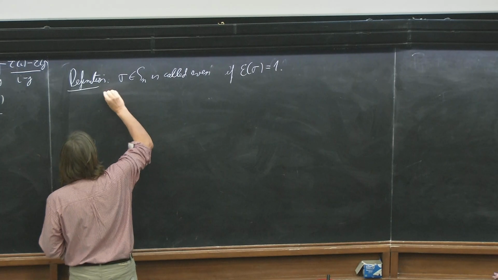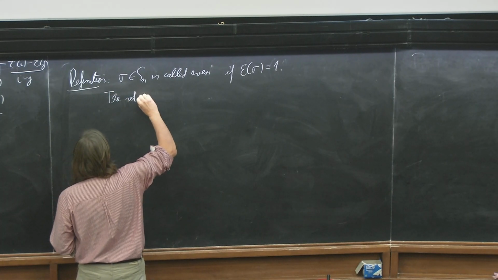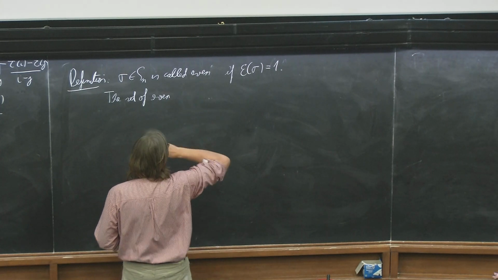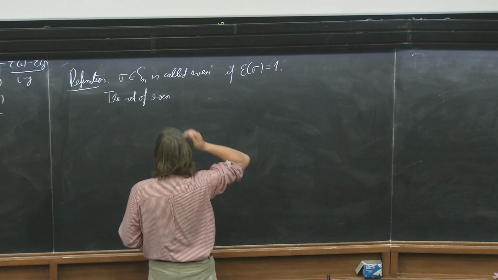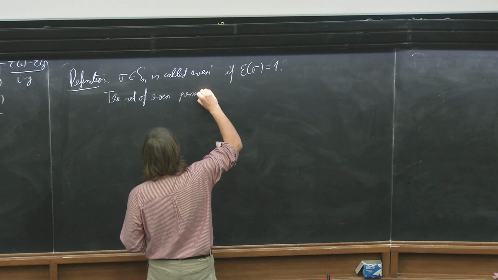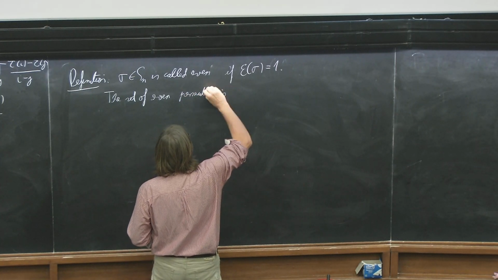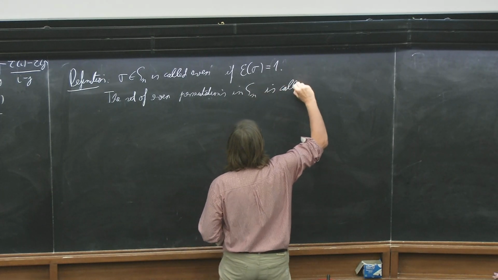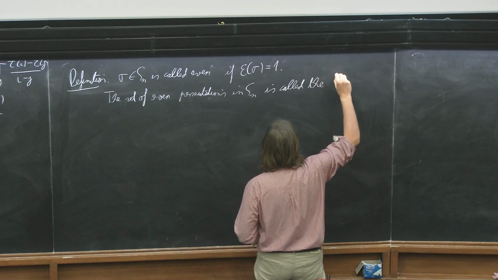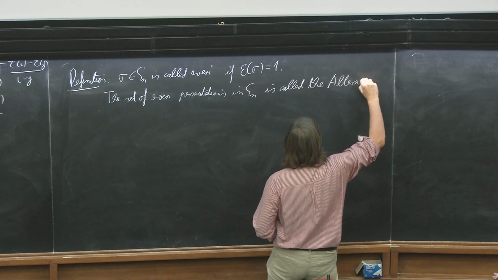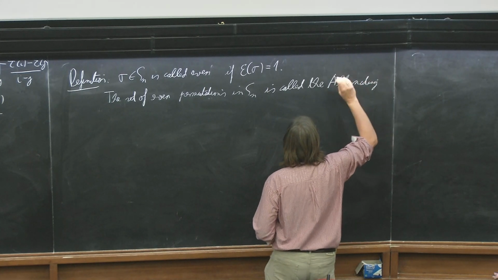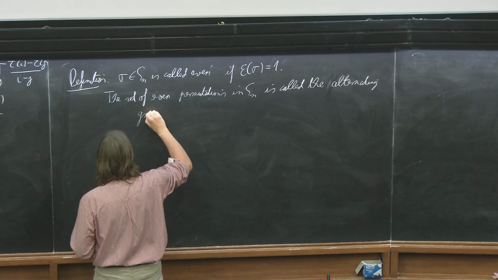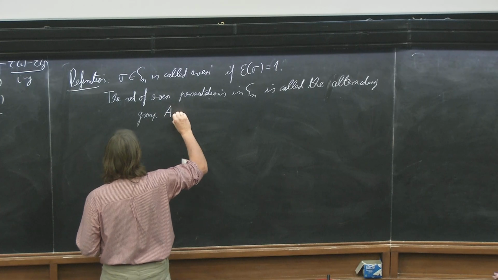And the set of even permutations in Sn is called the alternating group, maybe small alternating group, An.